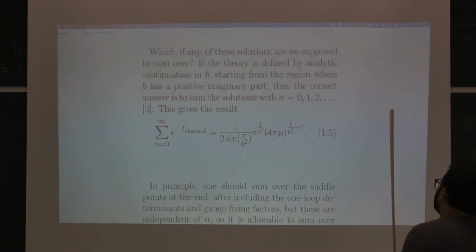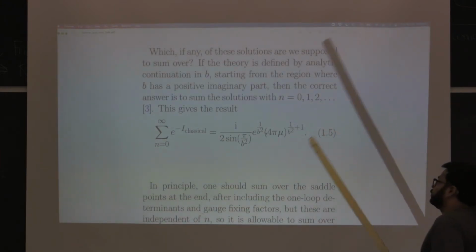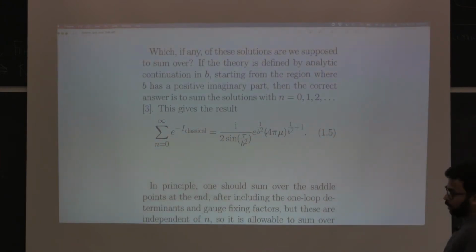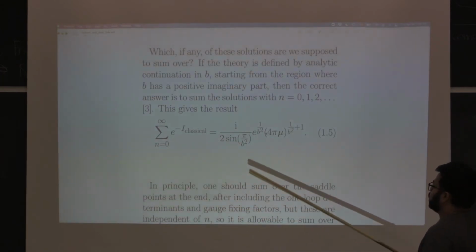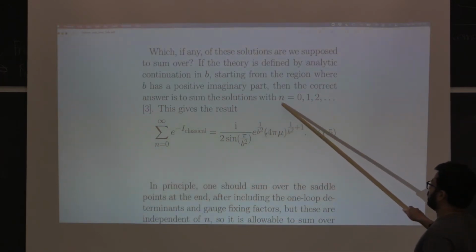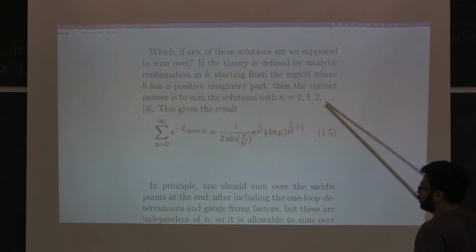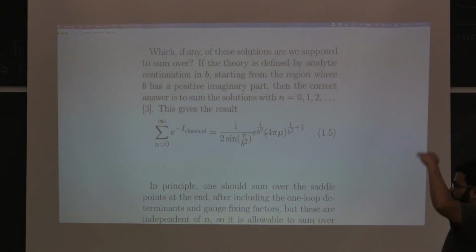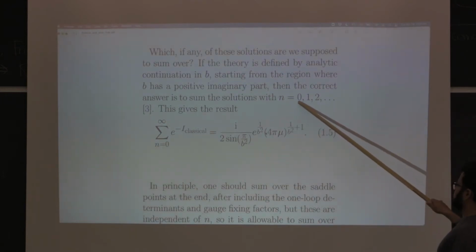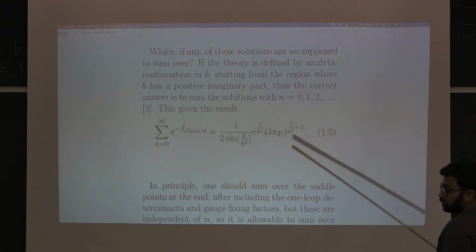There is one more subtlety, which is which of these solutions we have to sum over. Again, these issues of contours and which saddles to include have been discussed recently. But the answer here is to sum over half the values of n. Our saddles had this integer n from -infinity to infinity, and you're only supposed to sum from 0, 1, 2 and so on.